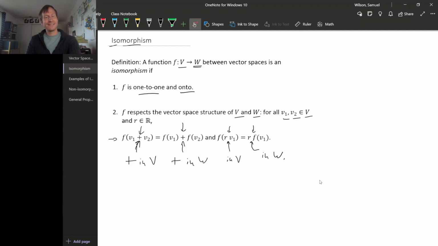So that is really the meaning that we're trying to get at when we say that two vector spaces have the same form, isomorphic.